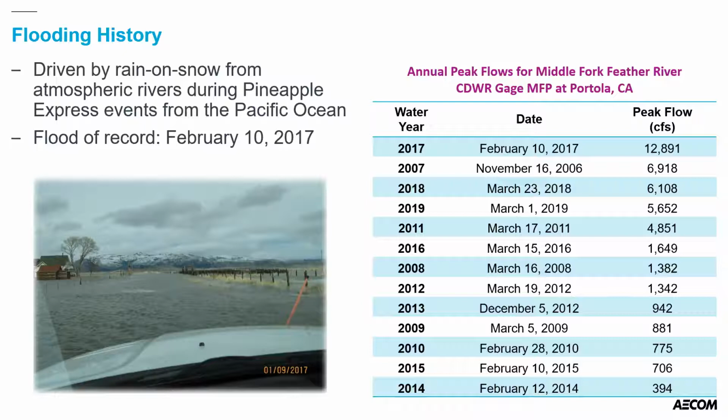So it's really a rain on snow event, late winter. Those events are driven by the Pineapple Express weather phenomena that comes all the way from Hawaii across the Pacific Ocean, basically creates an atmospheric river, driving precipitation all the way across the mountains to the leeward side.